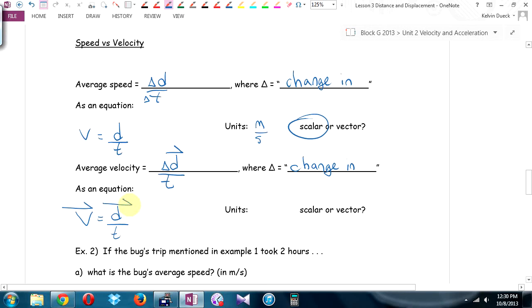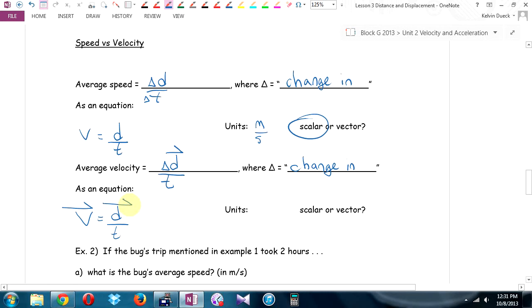Why didn't I put a vector symbol over time? Time is always a scalar. Time has no direction. Well, I saw this video once where they went backwards in time. No, time is always a scalar. Time has no direction. It just is.